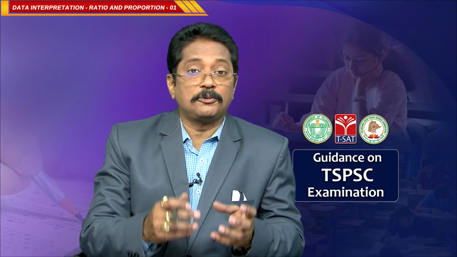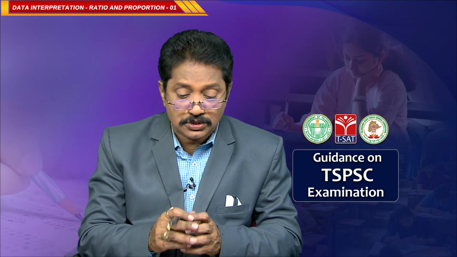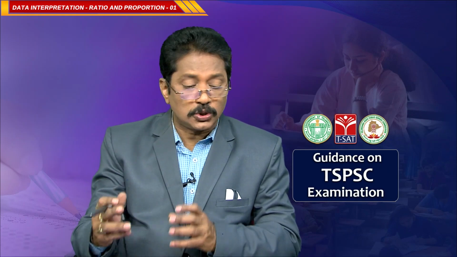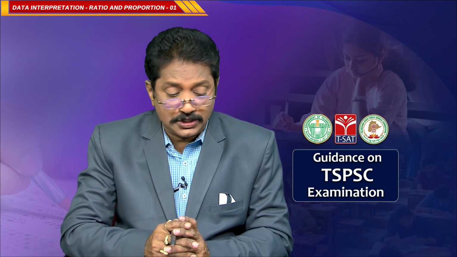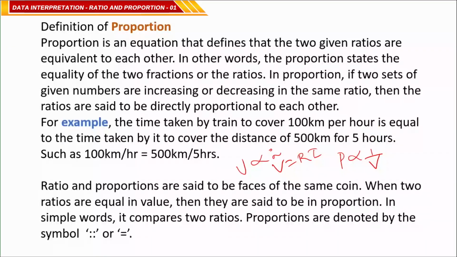So, here the proportion is an equation that defines that the two given ratios are equivalent to each other. In other words, the proportion states the equality of two ratios or fractions. In proportion, two sets of given numbers are increasing or decreasing. Okay. I will give a small example: kilometer per hour, meter per second.